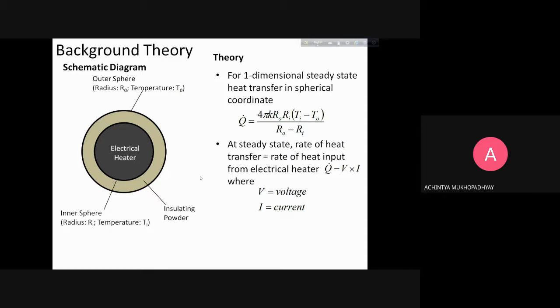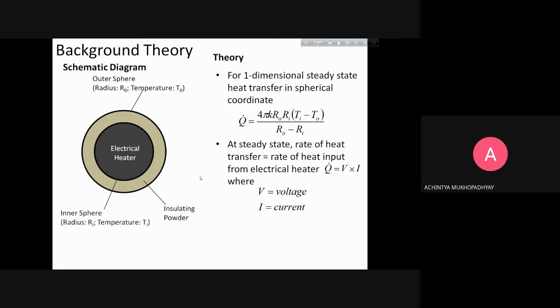Similarly, if you go for a cylindrical geometry and there is no variation in the circumferential direction, the theta direction, there will be no heat flow in that direction, and the heat transfer will be restricted to only the radial direction if the length or height of the cylinder is infinitely large.